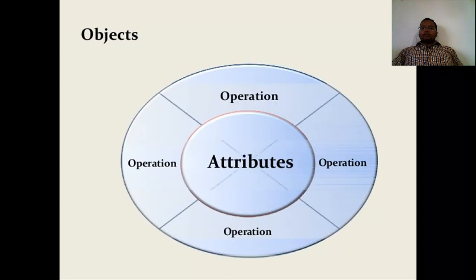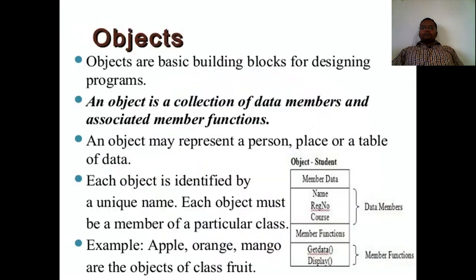What are objects? In this diagram we see attributes, and around the attributes there are operations, meaning attributes perform the operations. What is the definition of objects? Objects are basic building blocks for designing a program.